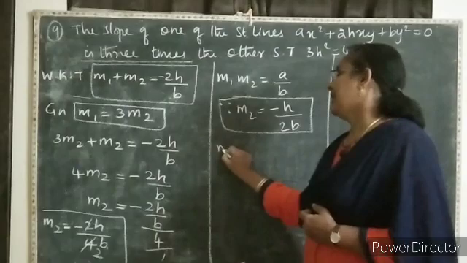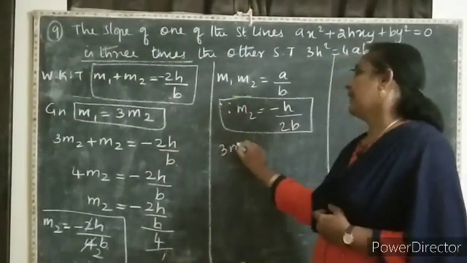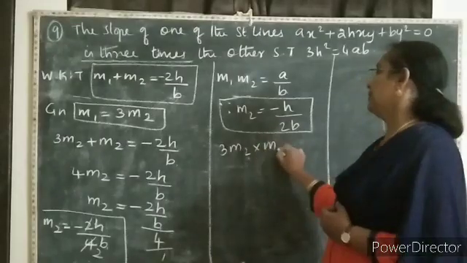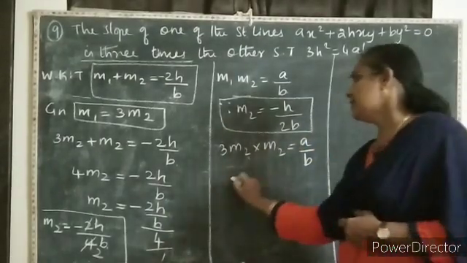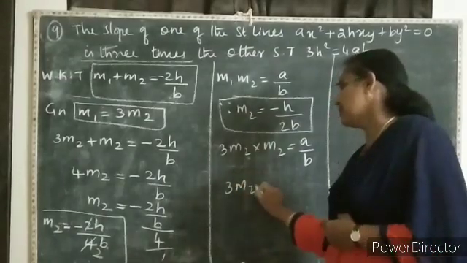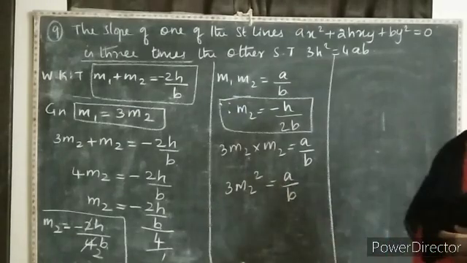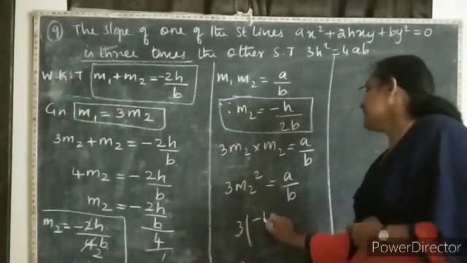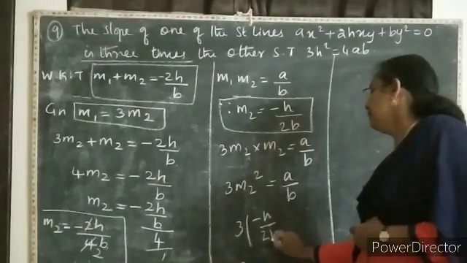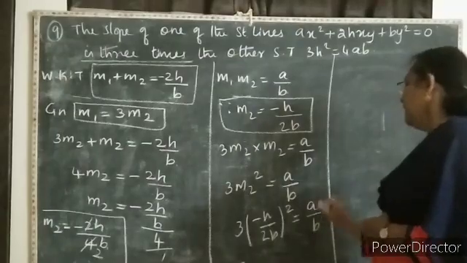Since m2 equal to minus h divided by 2 times b, I am going to substitute here. So now instead of m1 I can substitute 3 times m2 into m2 is equal to a divided by b. So now this becomes 3m2 squared is equal to a divided by b, isn't it? So now m2 value is 3 into minus h divided by 2b the whole squared equal to a divided by b.